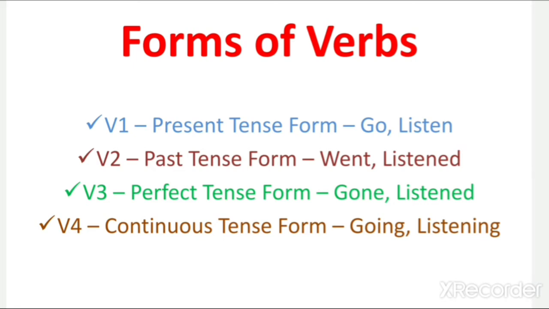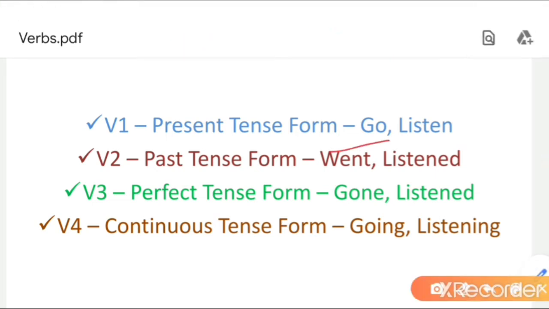V1, go, that is a base form. This is the first verb and this is the second verb. Go, went, second form is went, third form is gone.